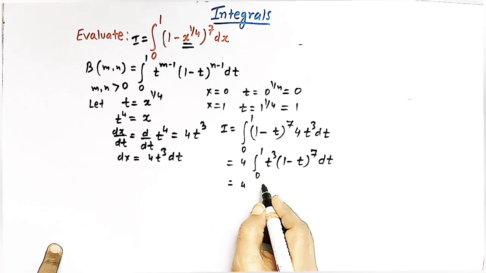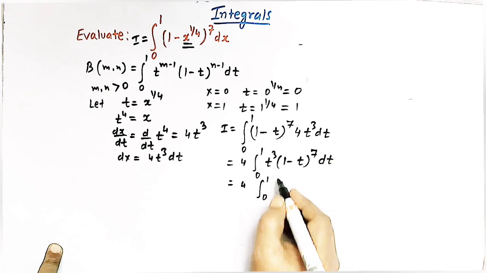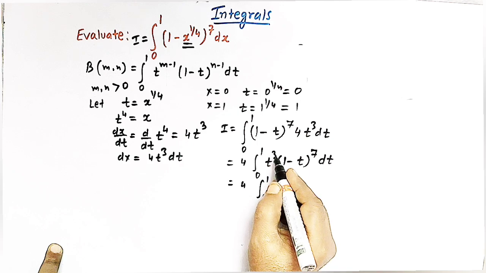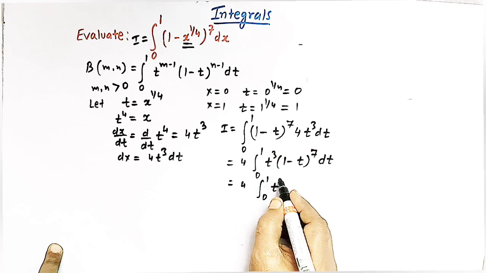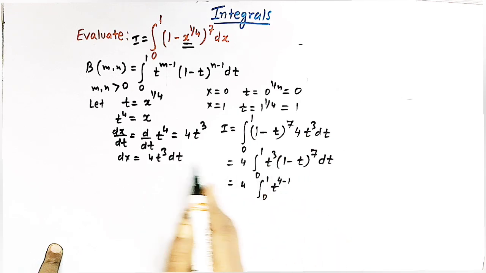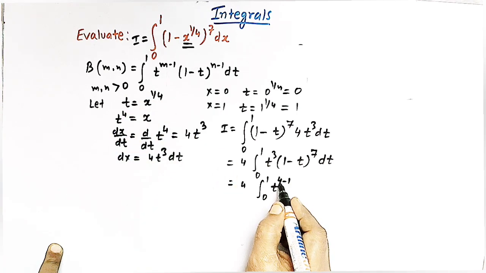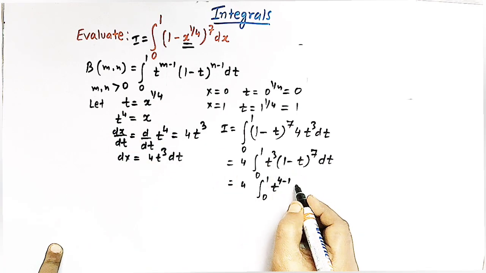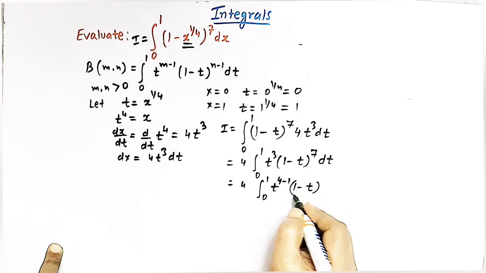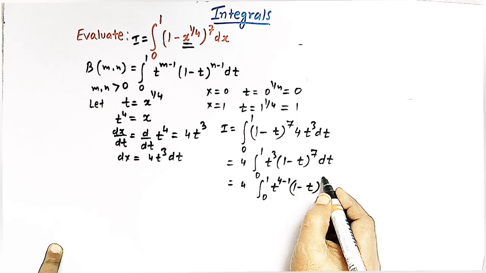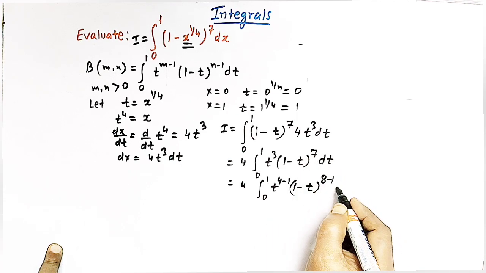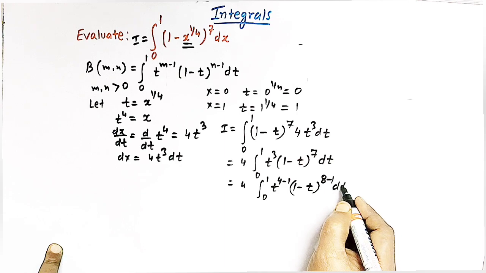Now let us write this integral as t raised to 3, where 3 can be written as 4 minus 1, because here we have m minus 1. Then we have (1 minus t) raised to 7, and 7 can be written as 8 minus 1, and here we have dt.